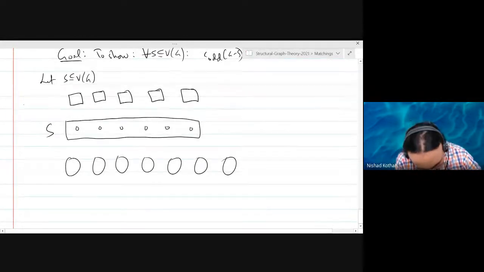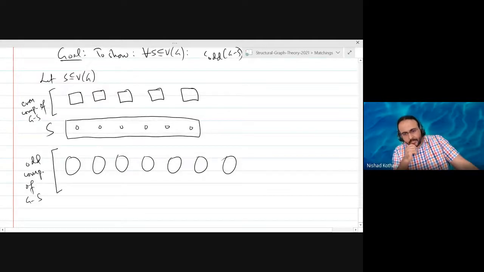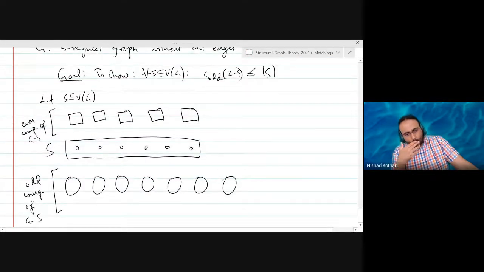So these are the even components of G minus S. These are the odd. Our goal is to show that you actually cannot have this situation. You cannot have 7 odd components and just 6 vertices in your set S. It has to be less than or equal to 6 in general. So how do we prove this? Any thoughts? I'm going to make all of you complete the proof.